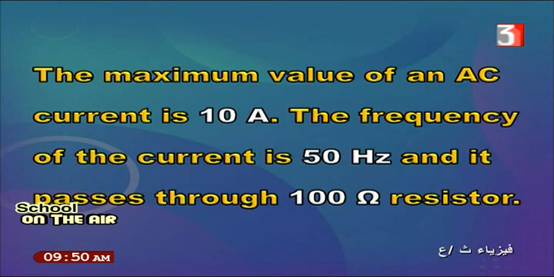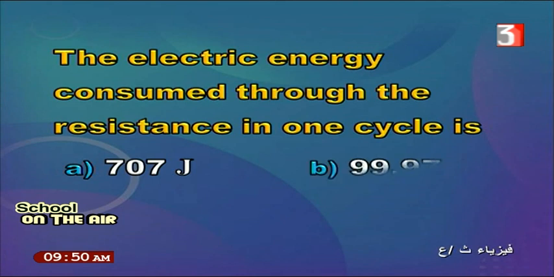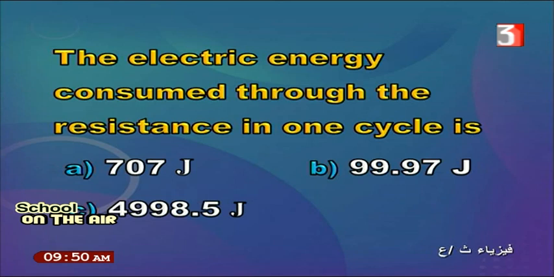Frequency equals 50, so the periodic time is 1/50. And we have a resistor of 100 ohm. What about the choice? The electric energy consumed through the resistance, is it 707 joule, 99.9, 4998.5, or the last choice, 1000?